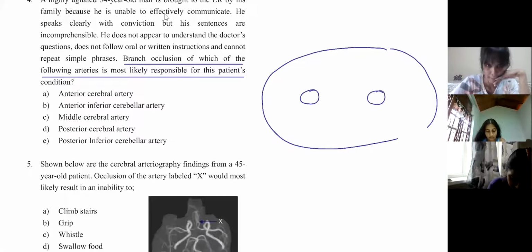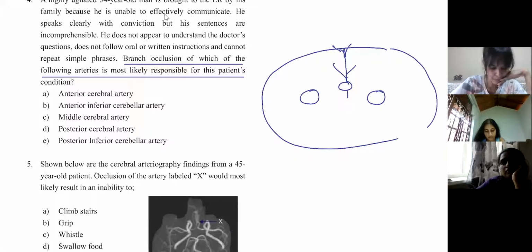Broca's area, Wernicke's area, and remember the, okay, I'm gonna just combine these diagrams. This is the precentral sulcus, which divides the motor and the somatosensory area.